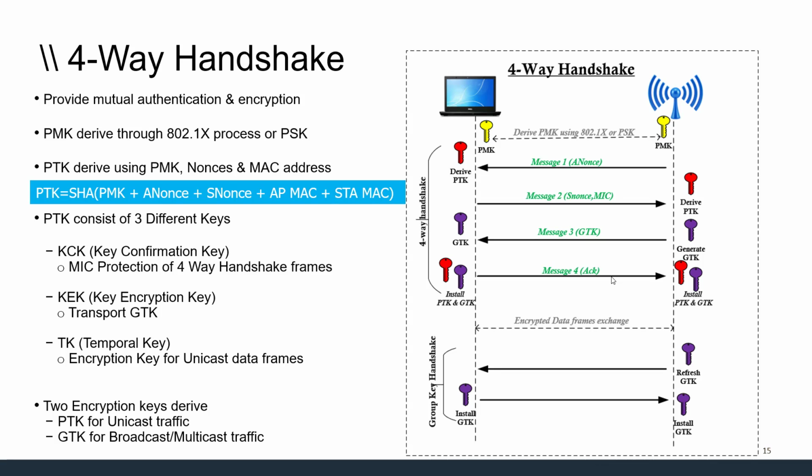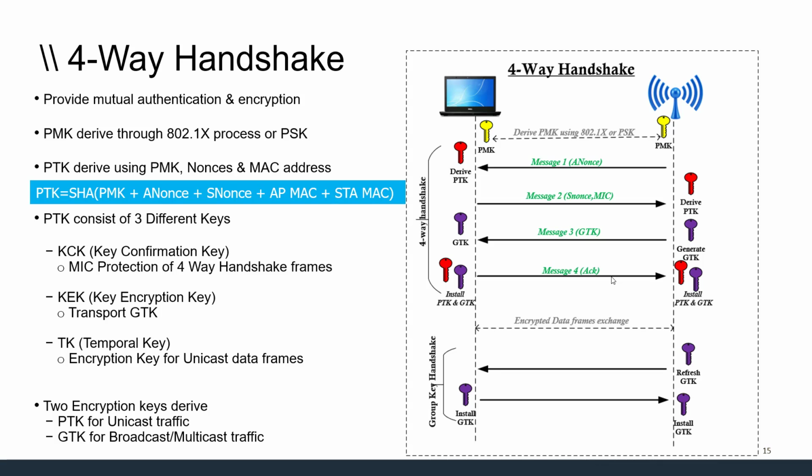When message one comes with the ANonce, it is not protected using a MIC, because the MIC value is calculated using the PTK. Once the supplicant generates the PTK, it sends its nonce, the supplicant nonce, in message number 2. In message 2, he sends the SNonce. In addition to that, because now he has the PTK derived, he has the KCK.